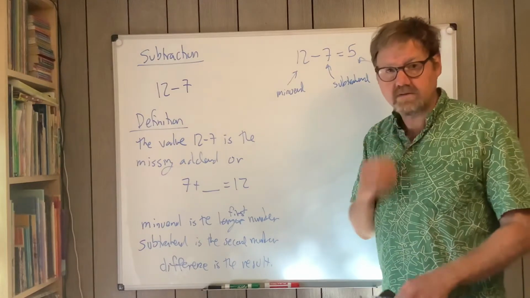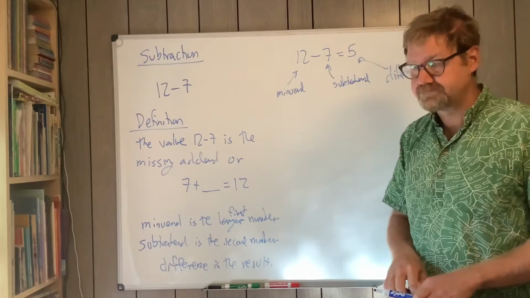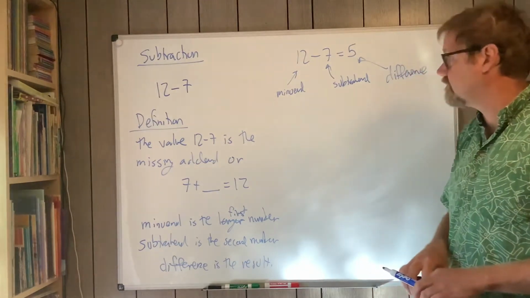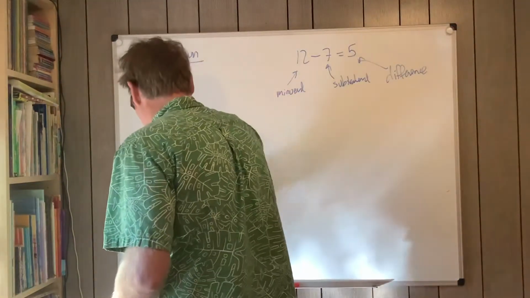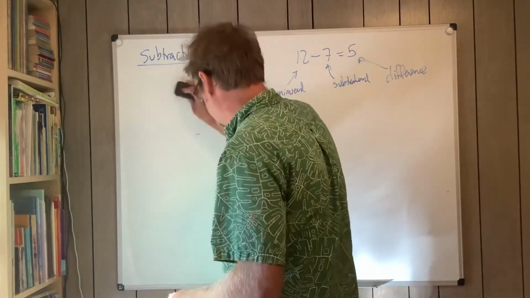So there's actually 3 big models, or I would say interpretations, and then there's models inside of that for subtraction. So let's go over those. We'll just write them all out, and then we'll do some examples.